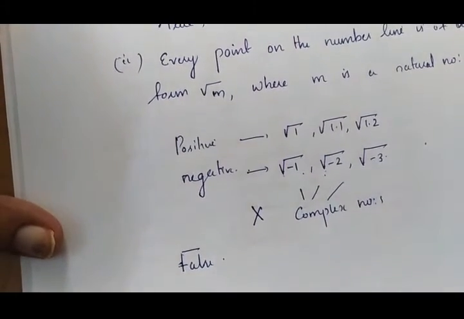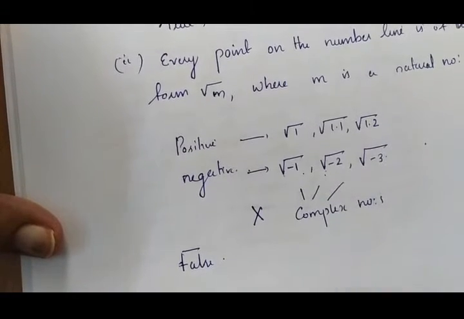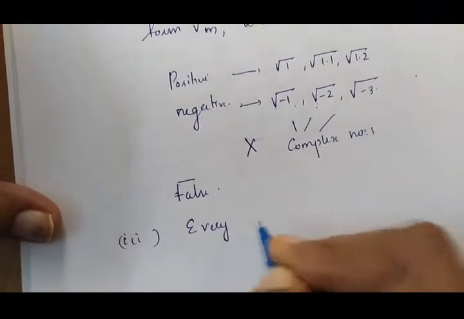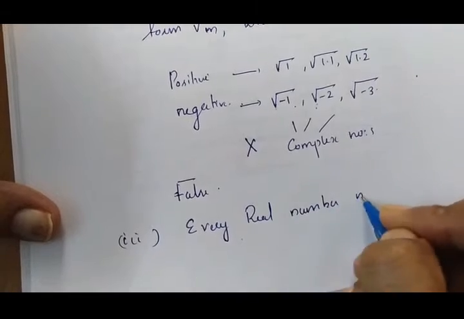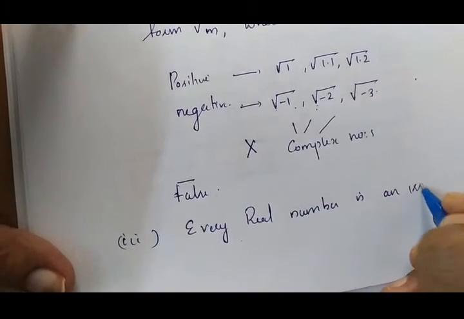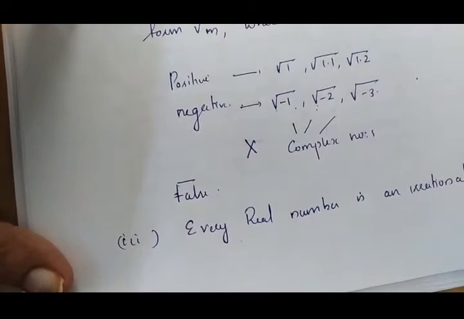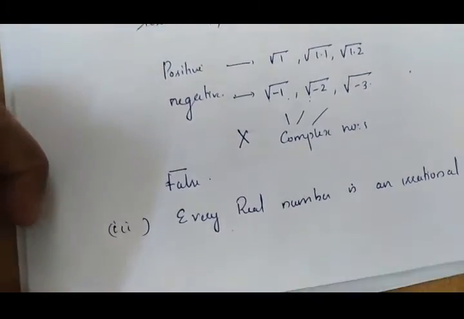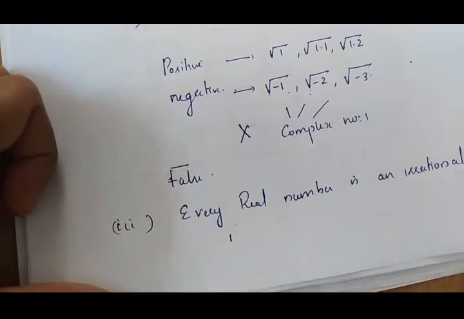Next, the third statement: every real number is an irrational number. Consider irrational numbers.